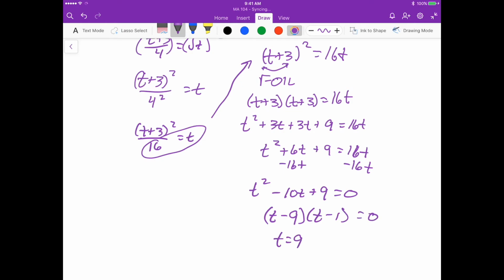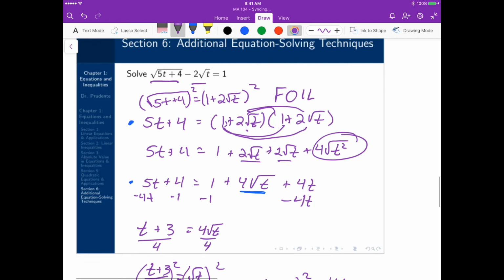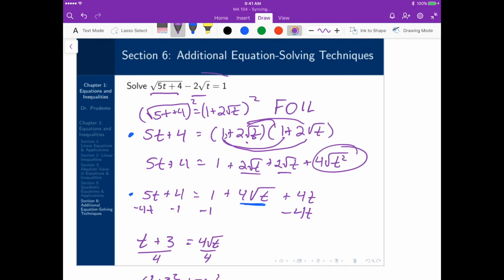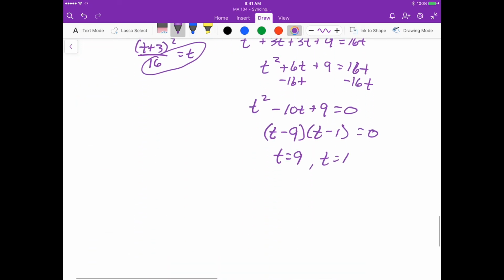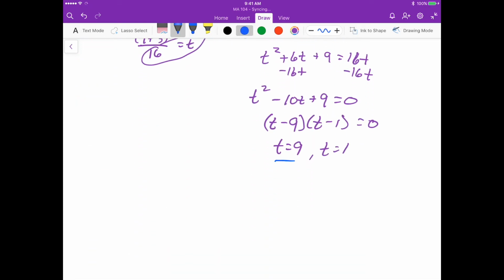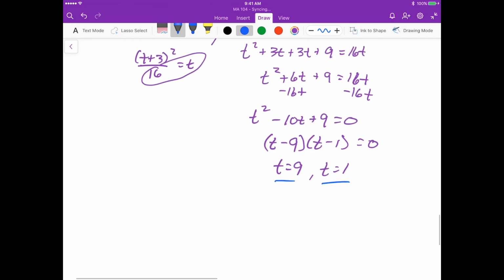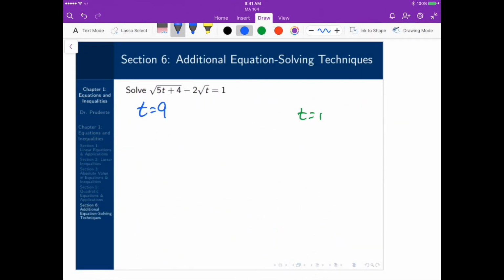And my two values are t equals 9 and t equals 1. But again, I want to look at my original problem and check if I plug them in, will they both work? So we need to check our two values, t equals 9 and t equals 1. We'll start by doing that.